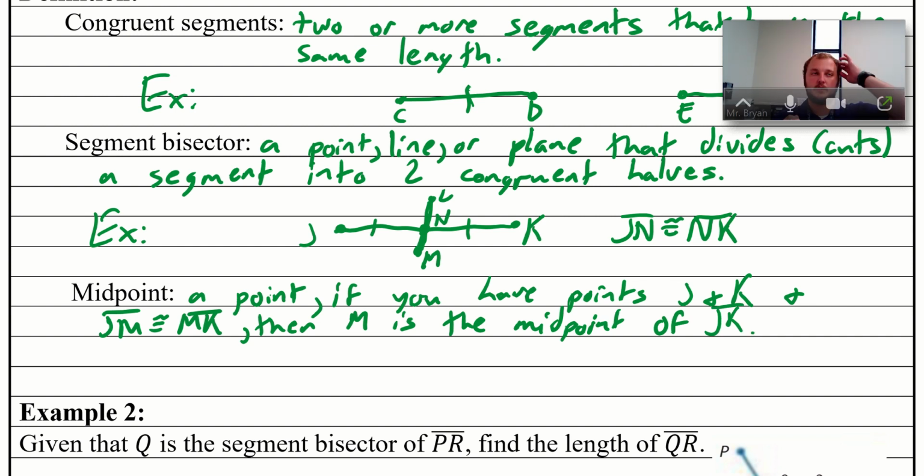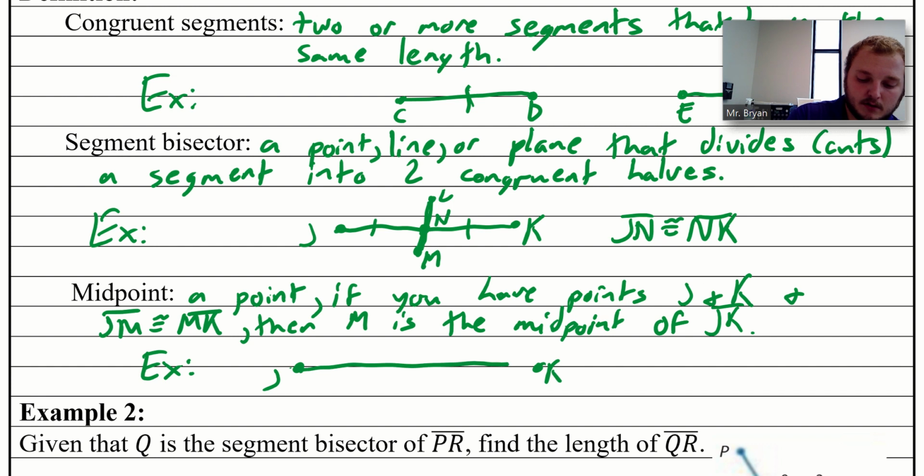If I have a point in between my endpoints here, and on one side it's the same as the other side, then that means that point's in the middle, right? The midpoint. So if I want an example of this, kind of like we just drew, we have line segment J and K here. And then M is going to be that dead middle point, the one that's exactly in the middle.